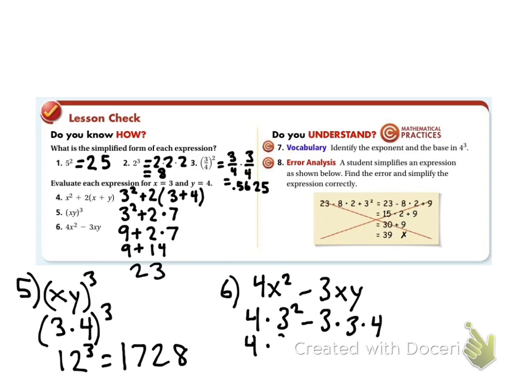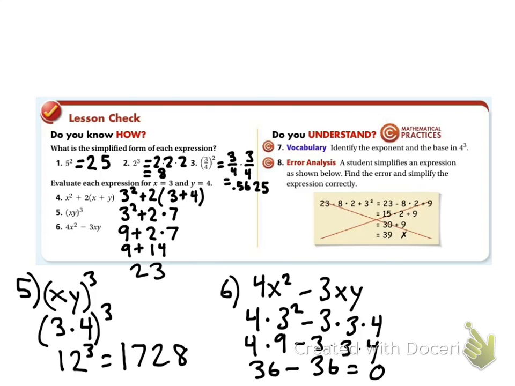So this becomes 4 times 9 minus 3 times 3 times 4. Next I have multiplication, and I'll work left to right. So 4 times 9 is 36. Keep my subtraction sign. And 3 times 3 is 9. Times 4 is 36. And 36 minus 36 is equal to 0.